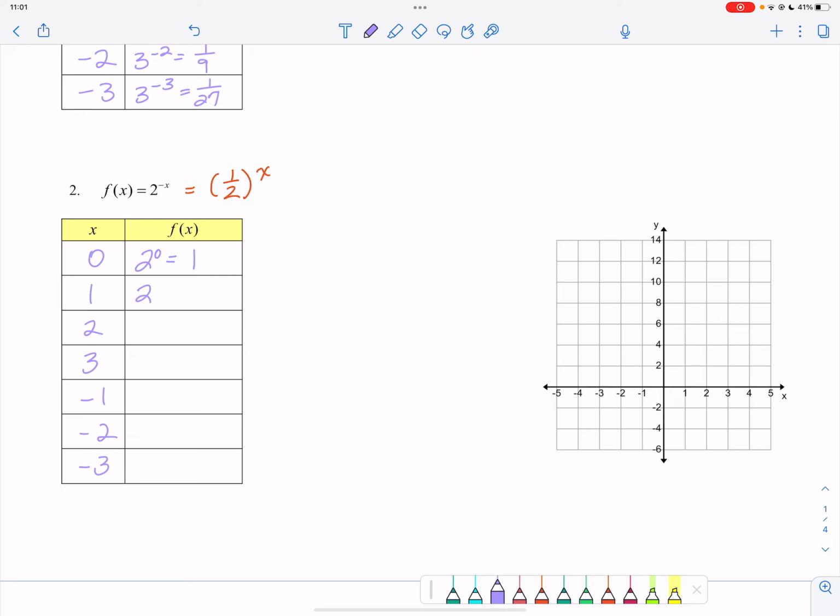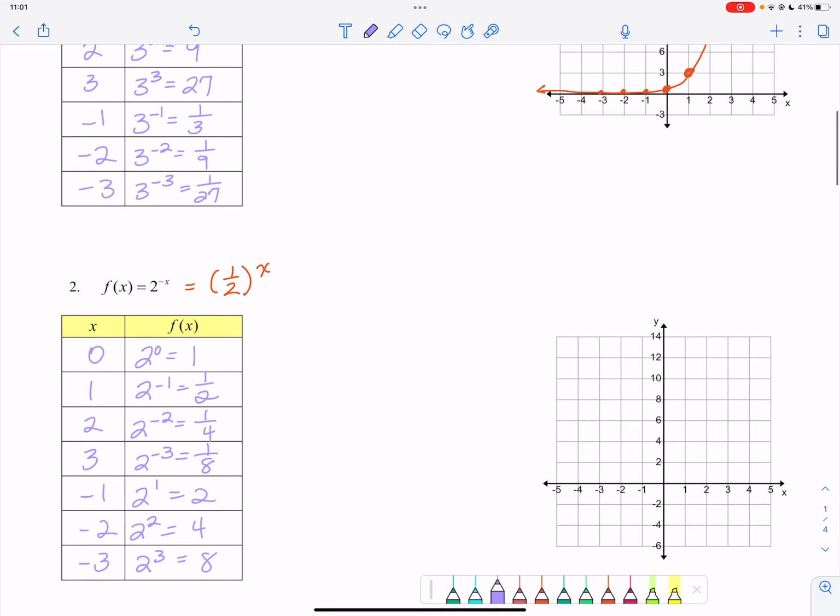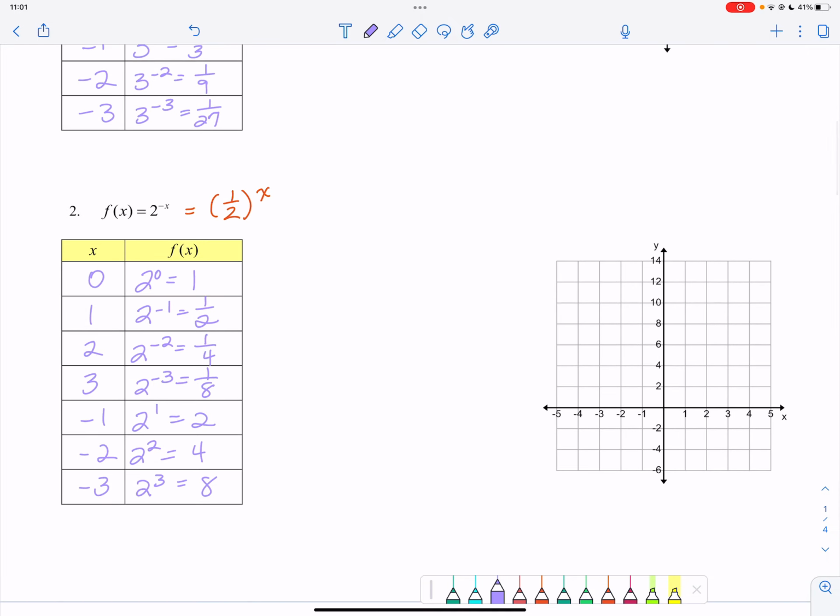And so we have 2 to the -1, 2 to the -2, and 2 to the -3. Now notice this is 2 to the first power, since it's the opposite of that x, and 2 squared, and 2 cubed.